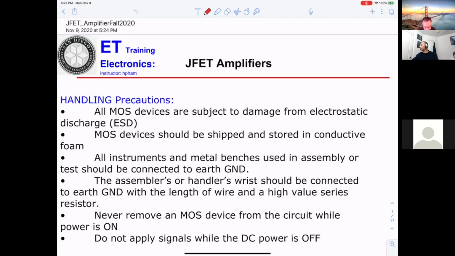Never remove a MOSFET device from the circuit while the power is on. Do not apply signal while the DC power is off. When you buy a tire, the company's first thing they send you is how to handle it.